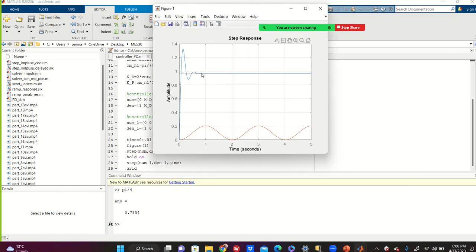But it gives how much? Almost 0.98. It goes there, but it's stable, but it's different angle. So what I have to do to keep it as 0.78, pi over 4? Can you brainstorm for this for me?